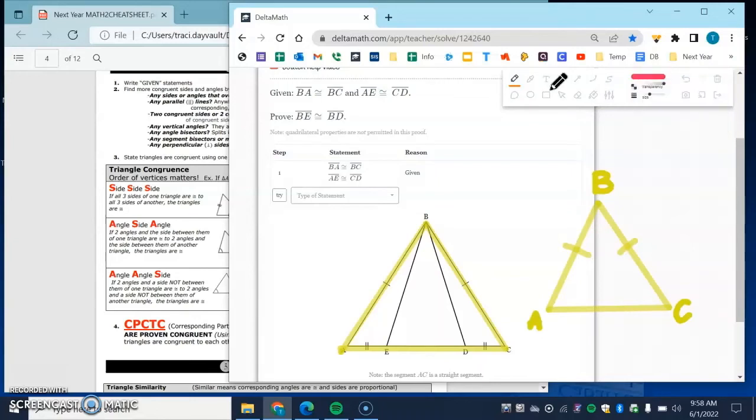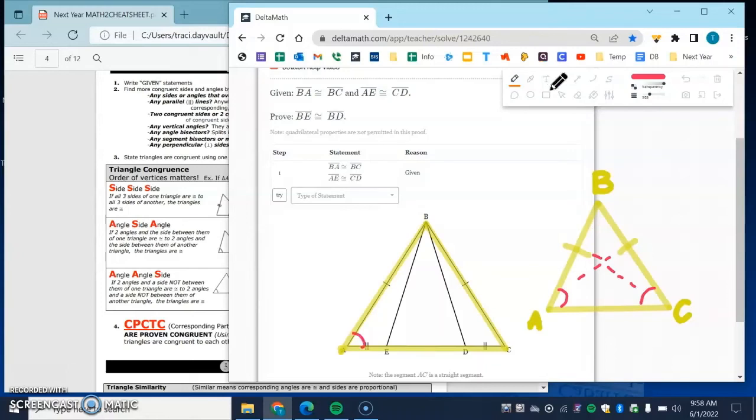They're also called the base angles. Across from this side we have angle A, and across from this side we have angle C. So because this big yellow triangle is isosceles, that is going to give me two congruent angles.